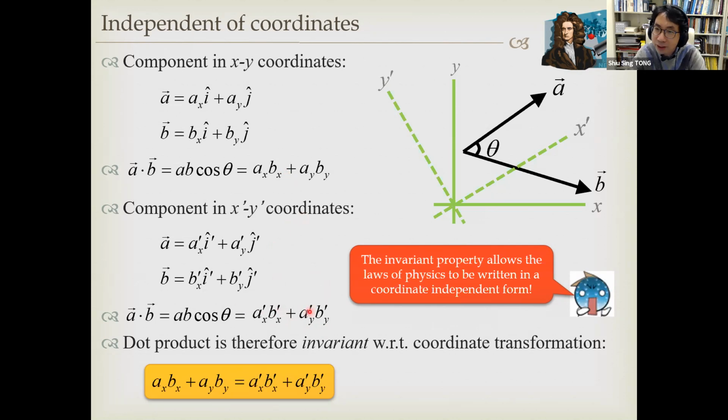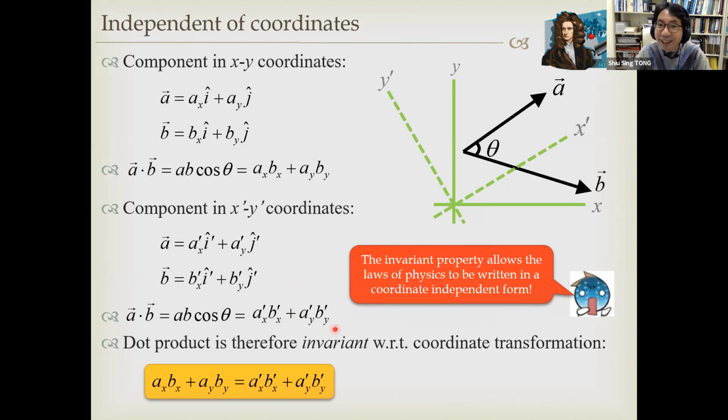Now, but you notice that I know that they are equal, but they don't look like they are equal. The x and y components that we resolve in the old coordinates are all different from the x and y components that we got in the new coordinates, because they refer to different coordinate axes. So all these numbers, Ax, Ax prime, Bx, Bx prime, Ay, Ay prime, By, By prime, they're all different.